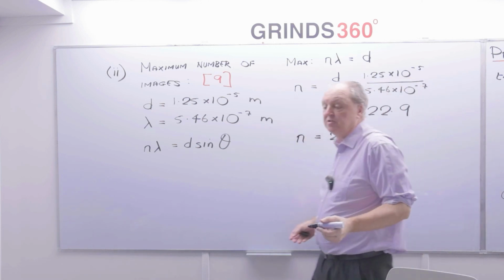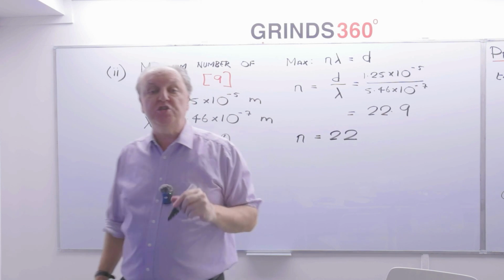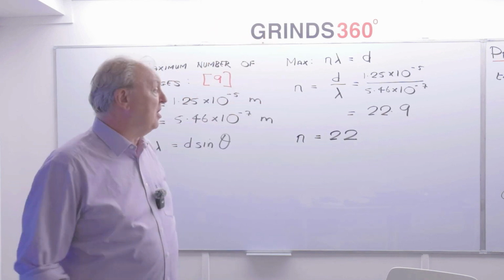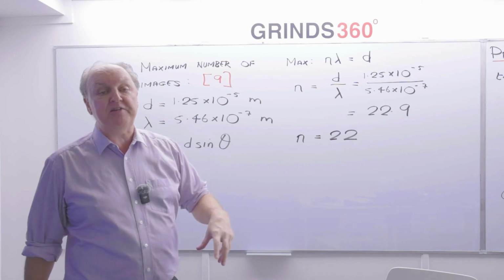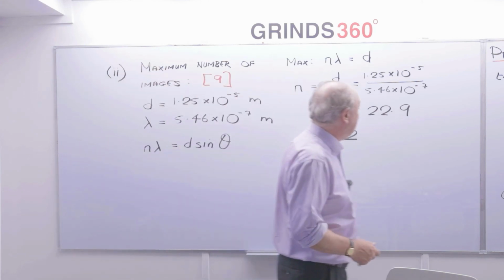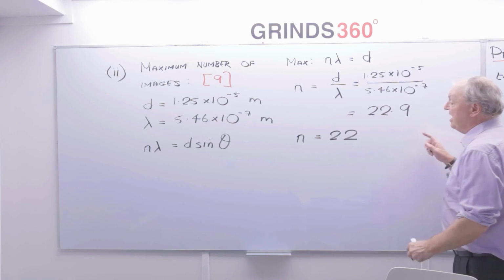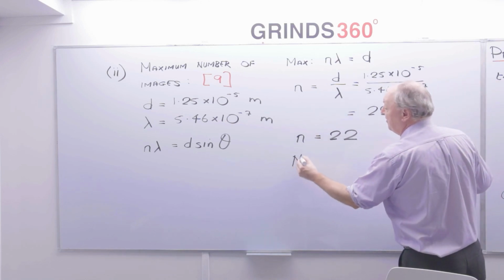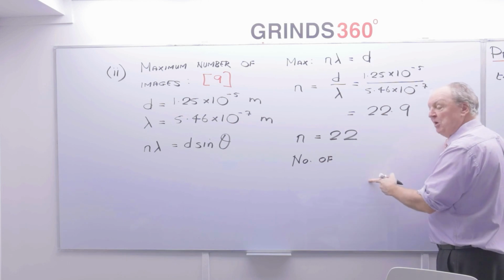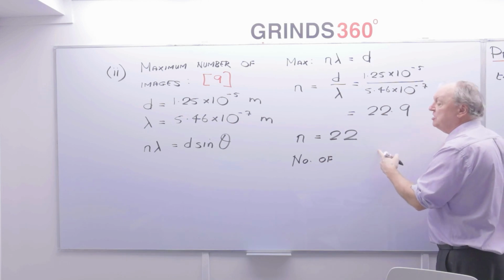We're still not finished. We're saying the highest image on one side is n is equal to 22. But there's also n equal to 22 on the other side. And don't forget about the n equal to 0 in the middle. So I told you the technique for working out the number of images from that. The number of images is 22 above, 22 below, and don't forget about the n equal to 0.